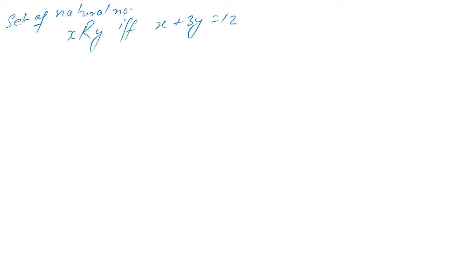So now once again let's check for reflexivity. Now if I take any natural number, the relation says x plus 3y is equal to 12. Apart from 3 comma 3, where it simply means 3 plus 3 into 3 is equal to 12, there is no other pair of a comma a that satisfies this condition.